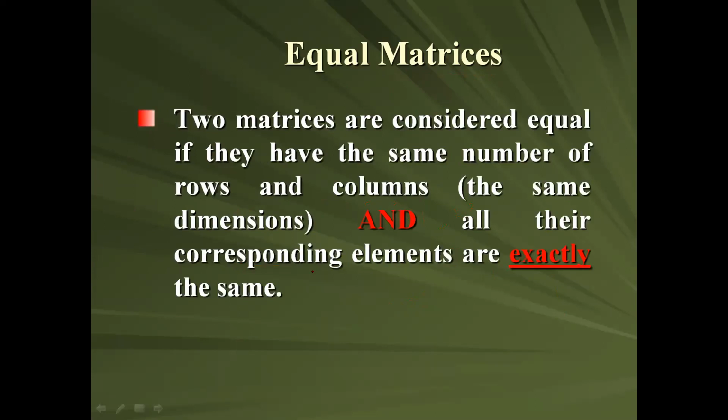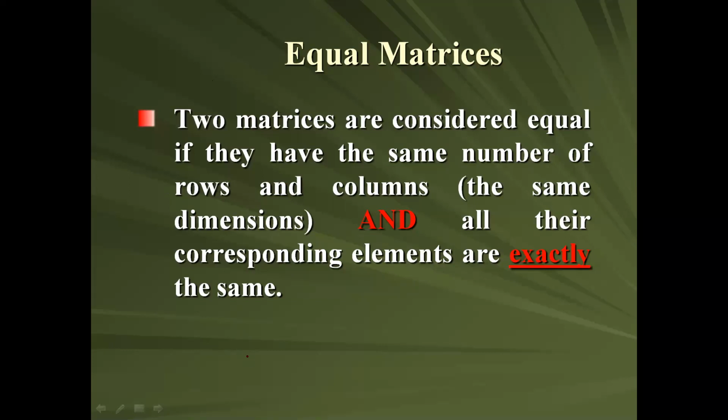Okay, now refer to this definition. So your answer was different, it was an incomplete answer. The last part was missing. Two matrices are considered equal if they have the same number of rows and columns, and all their corresponding elements are exactly the same.